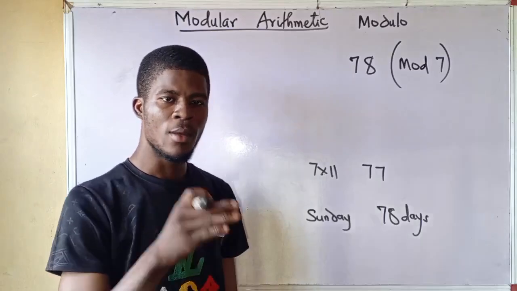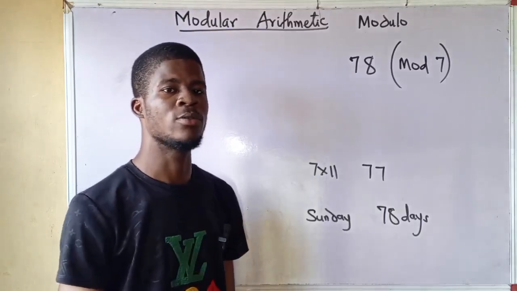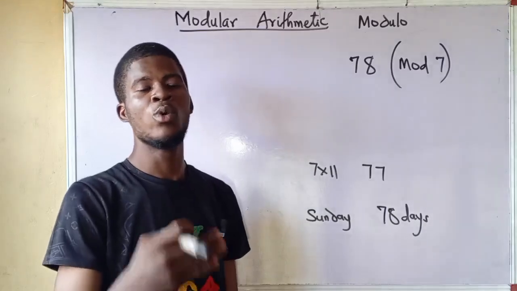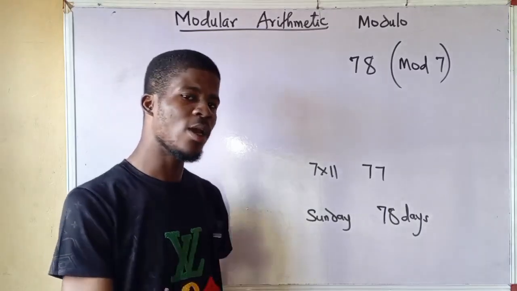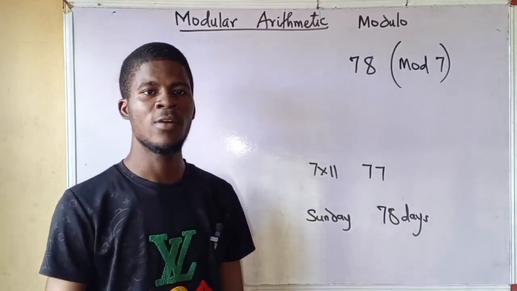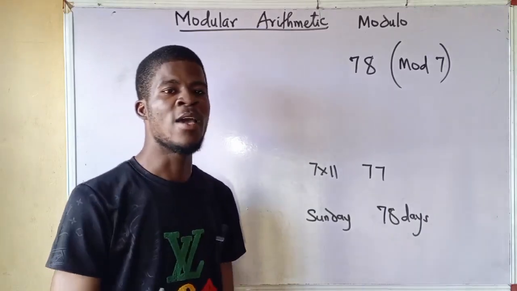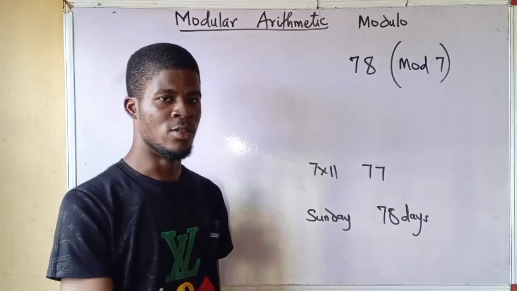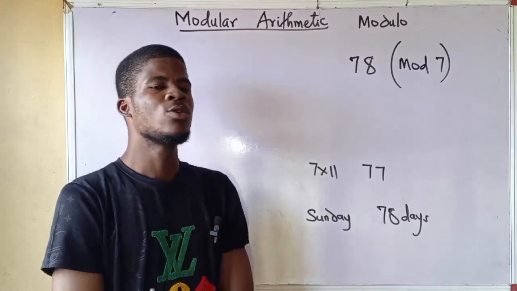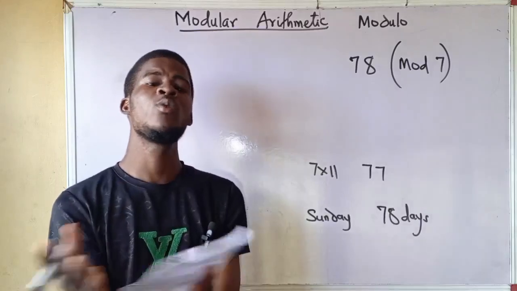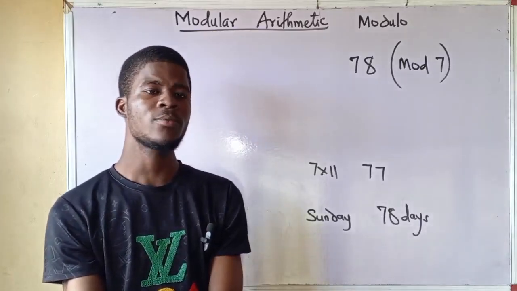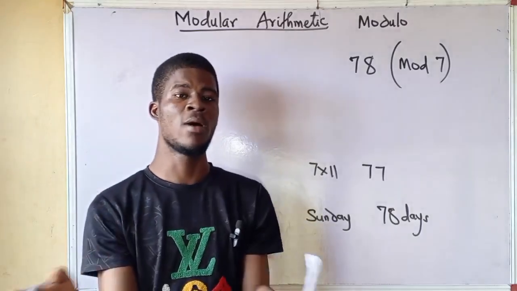I go again. Modular arithmetic is the operation which gives a remainder when an integer is divided by a fixed non-zero integer. So in modular arithmetic, we deal with remainders actually. It's just like in number bases.